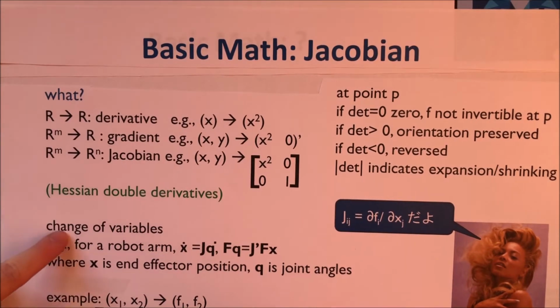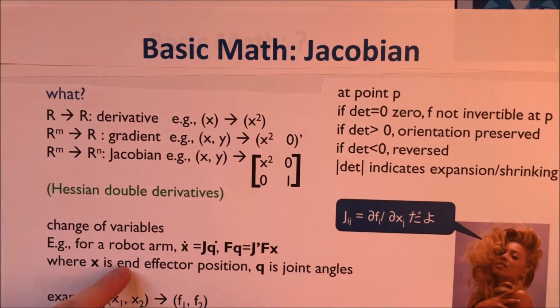So for a change of variables, for example, you can see examples here where we're finding the speed of the end effector using the Jacobian multiplied by the speed of the joint angles, or we're finding the force over here. So the force we have to give to the joint angles to get a force at the end effector.